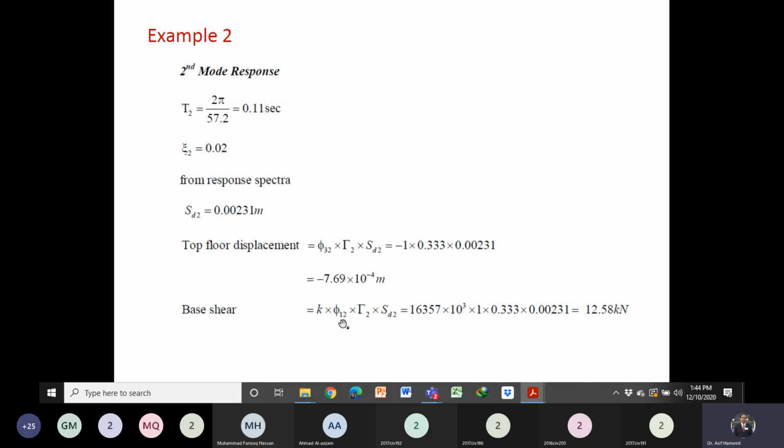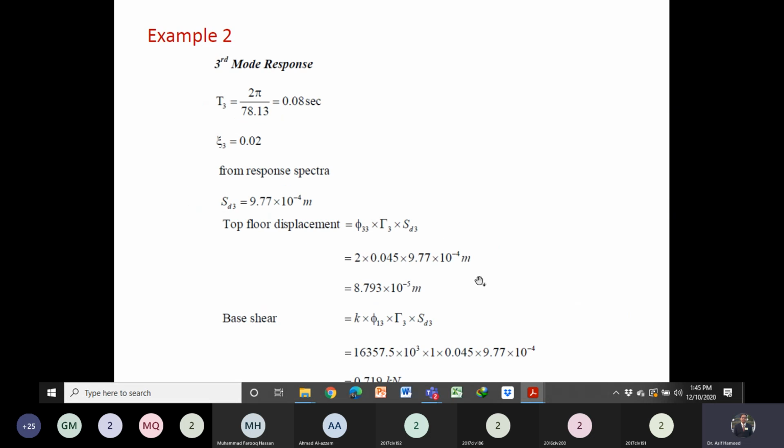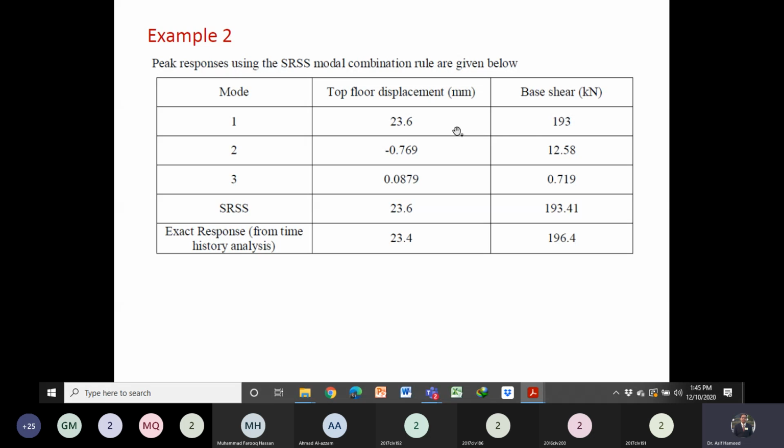Similarly, the relative displacement of the first floor in the second mode, and the modal participation factor for the second mode of vibration. Okay? So we can calculate the top floor displacement and the base shear in the second mode of vibration. The same formula we can use to calculate the top floor displacement and the base shear in the third mode of vibration.